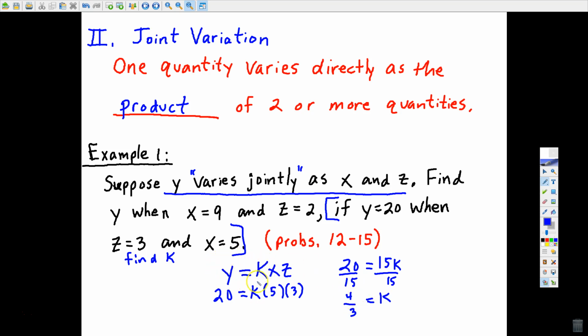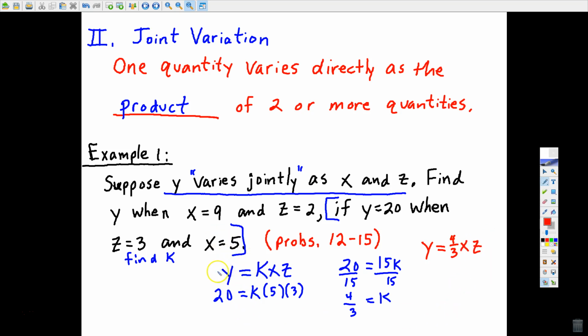Now I started with a very general equation for joint variation. Well, now I'm going to get specific because now I know what k is. Y equals 4/3 times x and z. We'll just do it without parentheses.